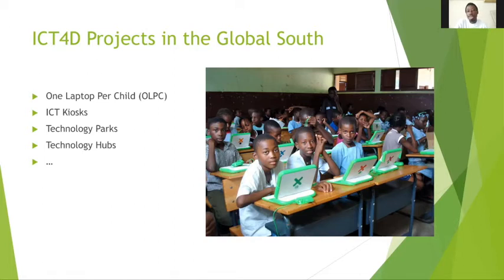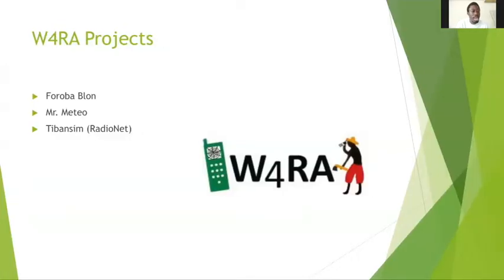Fast forward to recent years, and we have newer projects that are beginning to think of all the mistakes that these older projects made. So, for example, with W4RA, I am sure over the last lectures and talks that you've had, you have heard of some of these things. So we have a number of projects by students, some by the research group, and others by myself.